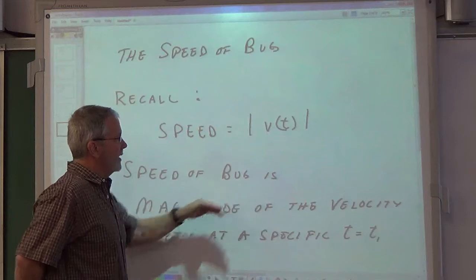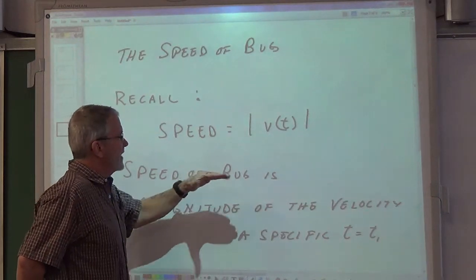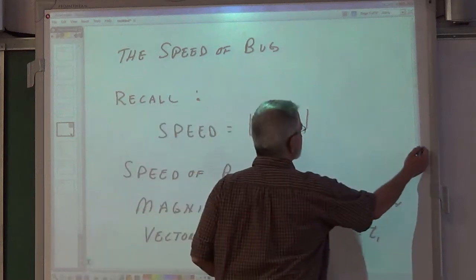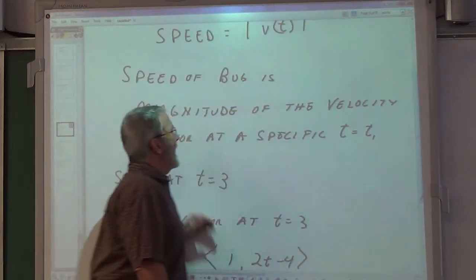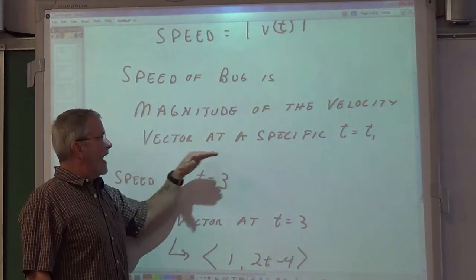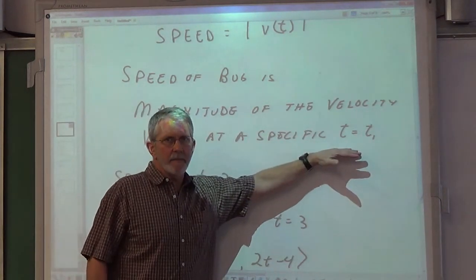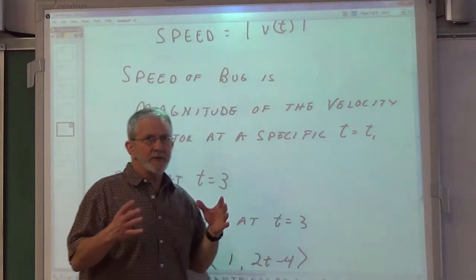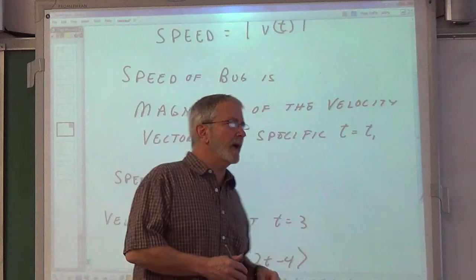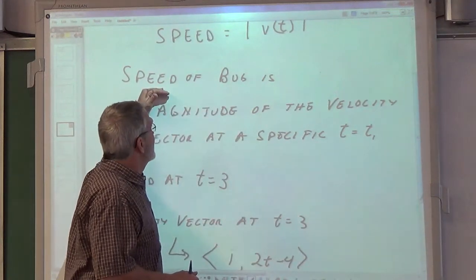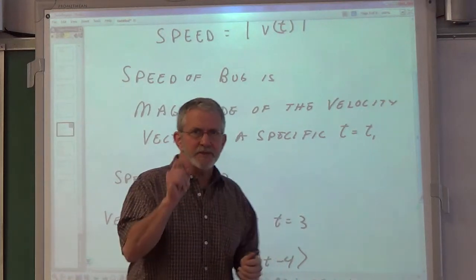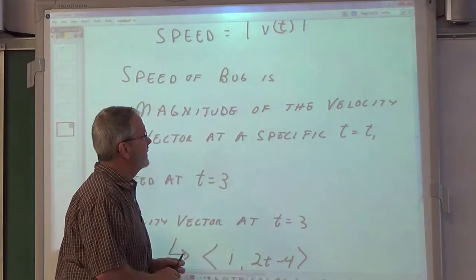The speed of a bug defined parametrically is going to be the magnitude of the velocity vector at a specific time. I have the velocity components as functions of time, but if I want to consider the speed, I'm going to look down at my speedometer. I want to know what my speed is at a particular moment in time.